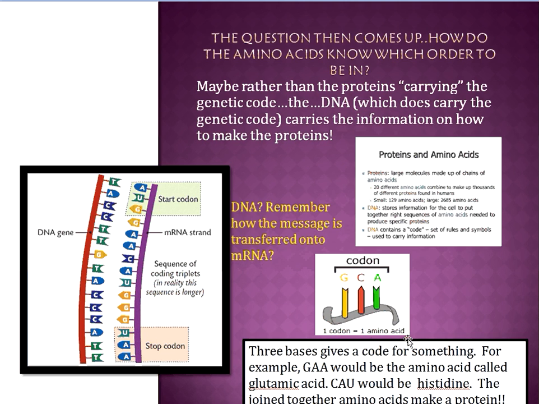Now, when we have our strand here and we're going to be making a new protein, there has to be something that is the beginning and the end. So we know that anything farther this way is not going to be part of our protein, and anything further this way is not going to be part of our protein. So we have a start and a stop codon. So the AUG, when we see those bases in a row like that, indicates that's the start codon.